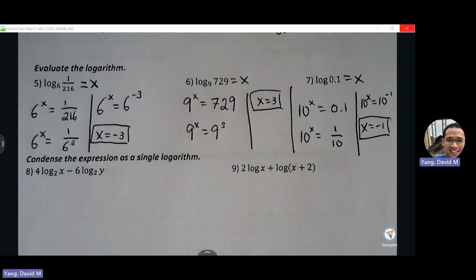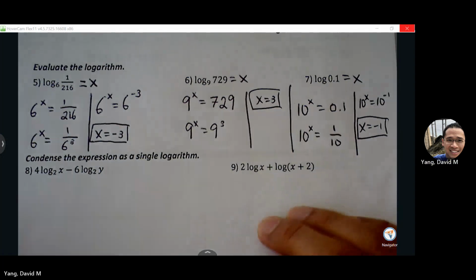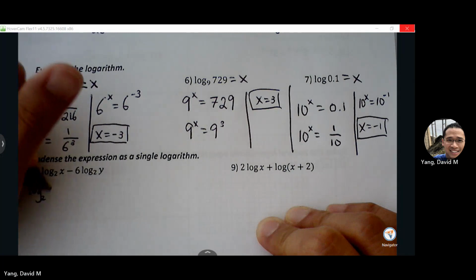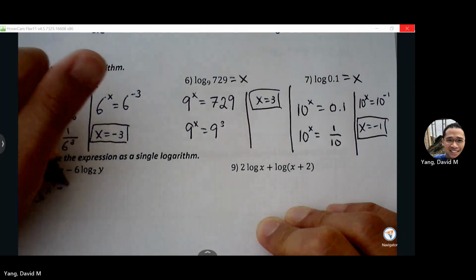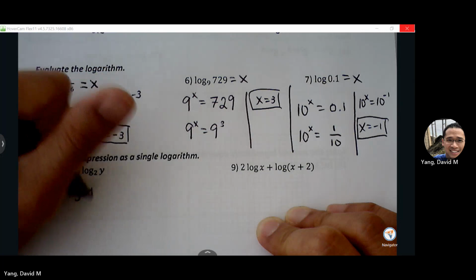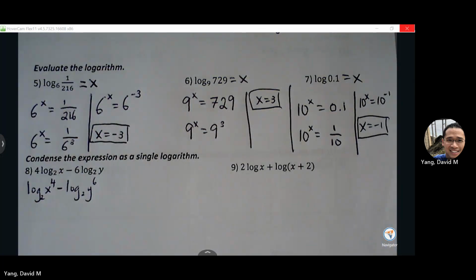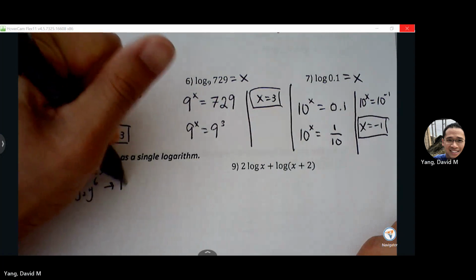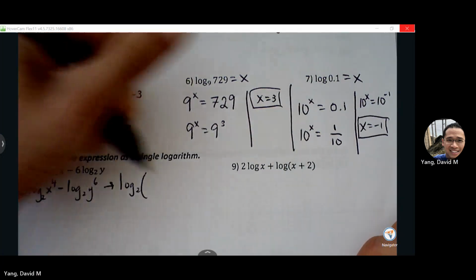Okay, condensing. We want to eventually get everything as a single logarithm. Bring your coefficients up first. You see a minus in between the two logs, you can write it as a quotient of terms.